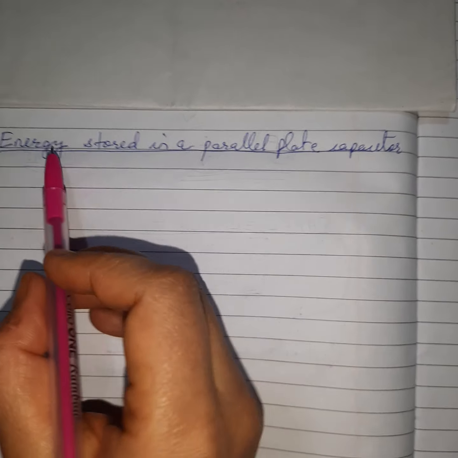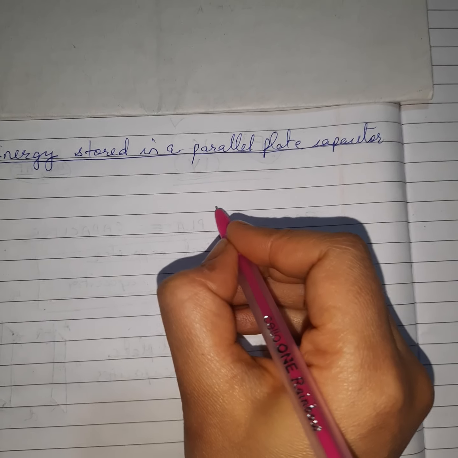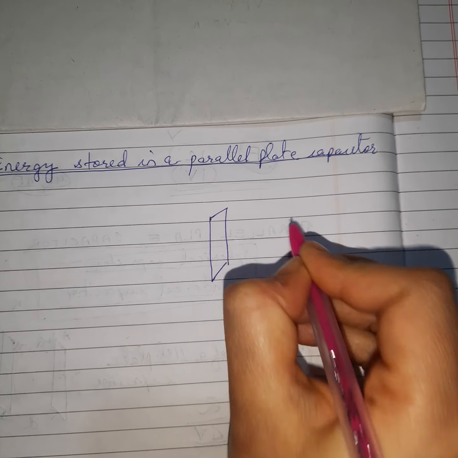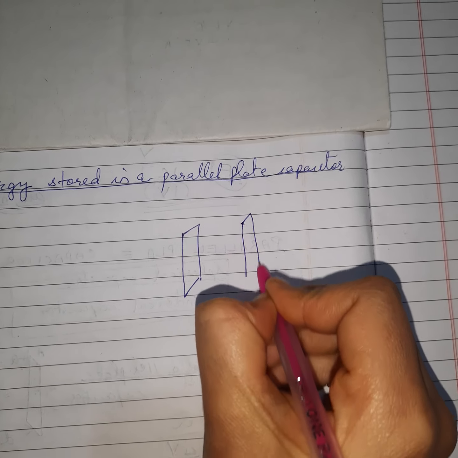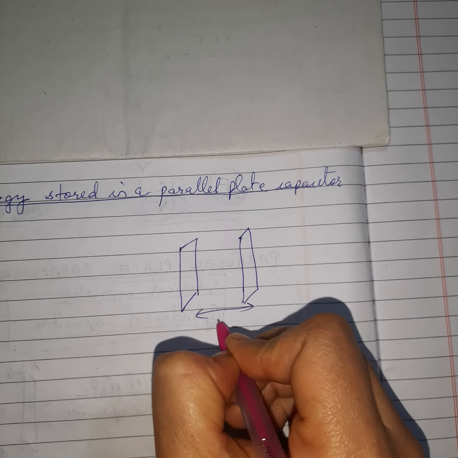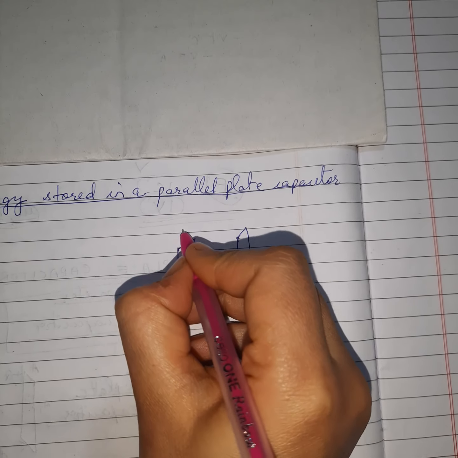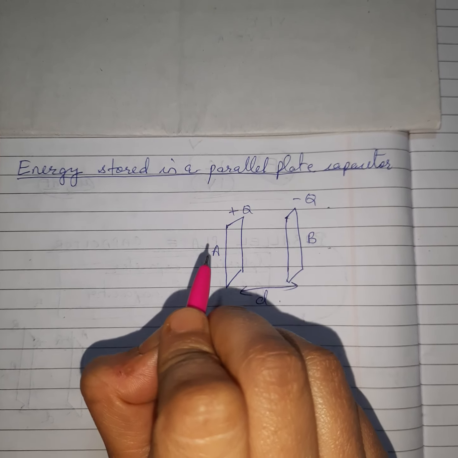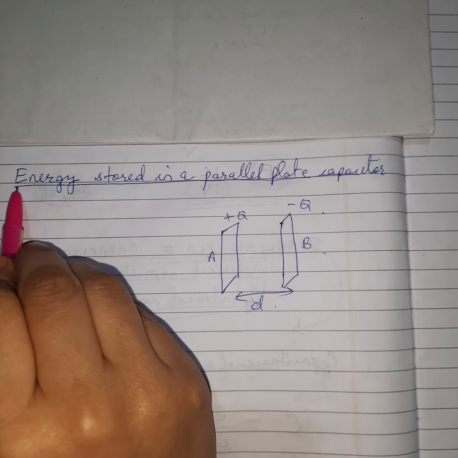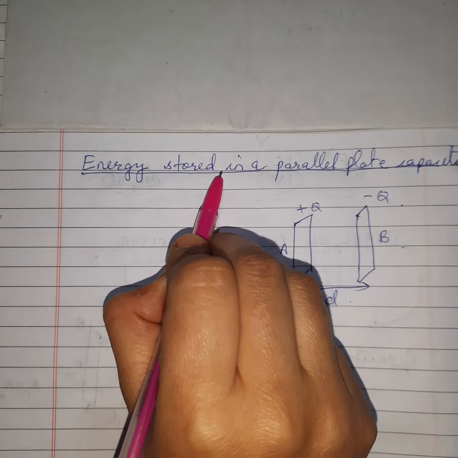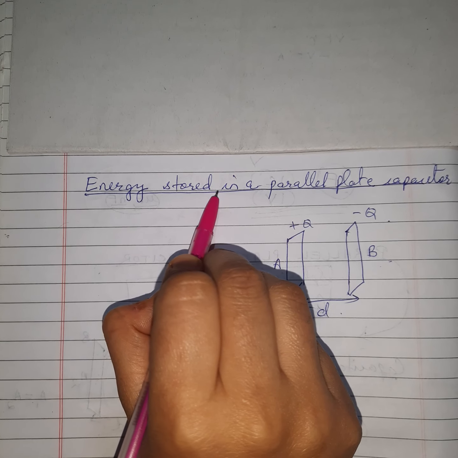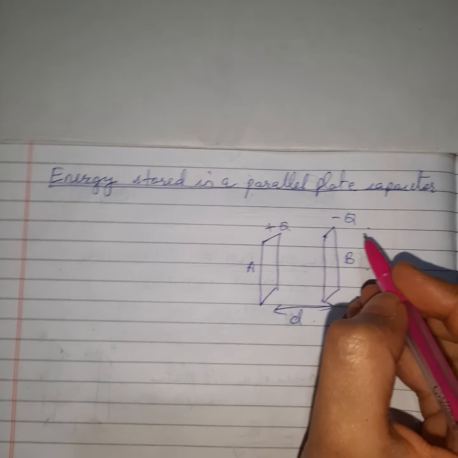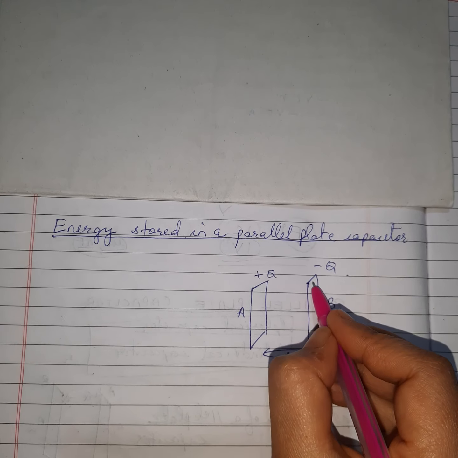Let's now find out the energy stored in a parallel plate capacitor. For this, again we will consider two plates at a distance d from each other, whose charges are plus q and minus q each. Say the plates are A and B. To find the energy stored in a capacitor, we will first find the amount of work done in transferring some amount of charge from one plate to the other.